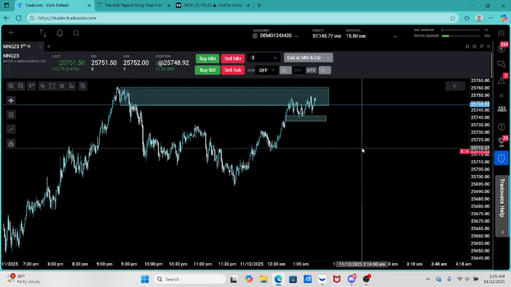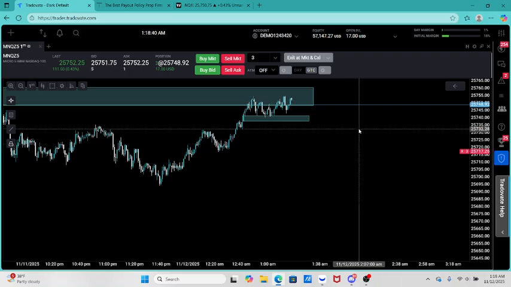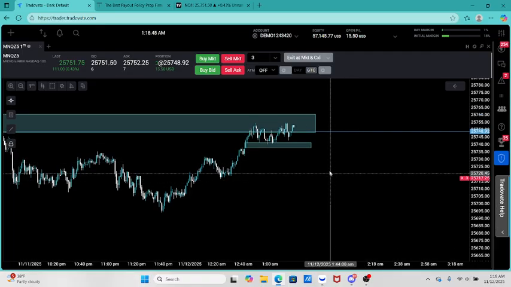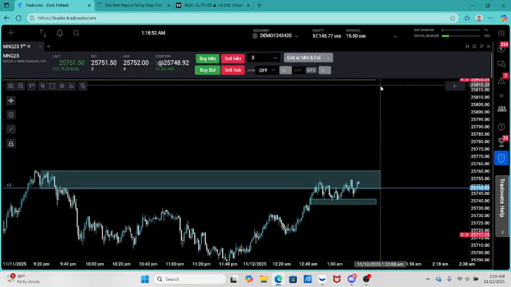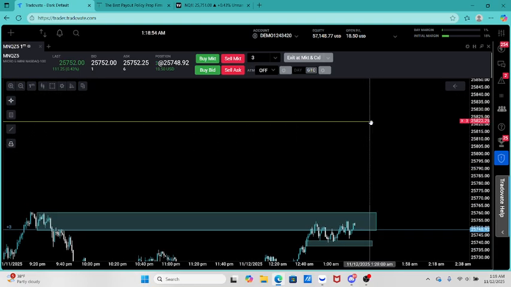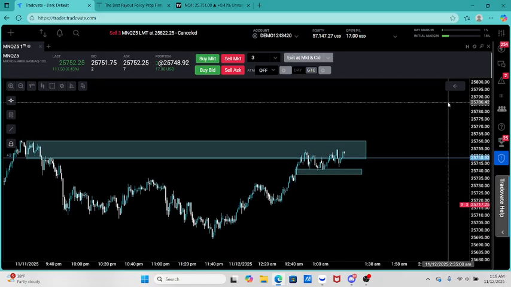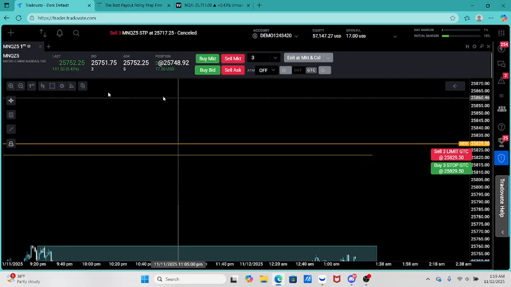Max position, I'll add some more contracts. Usually I would not have a stop that low, but our profit target's all the way up here. The next one's all the way up at 80.